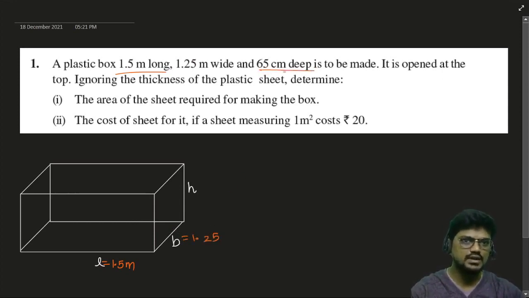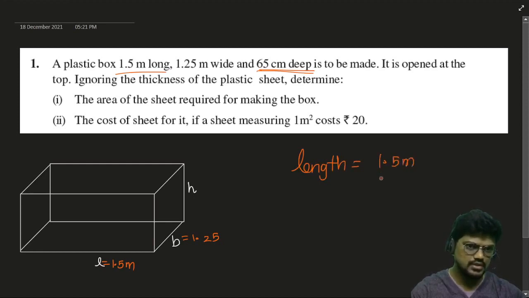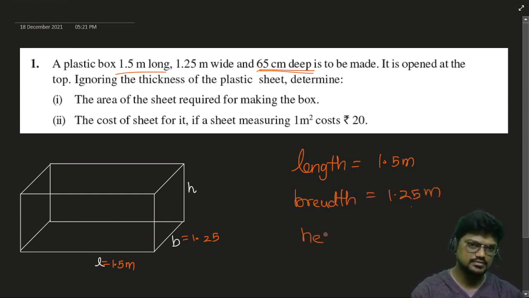They have given the depth in terms of centimeter, right? They have given the length in terms of meter, and the breadth as 1.25 meter only, and the height is 65 centimeter.